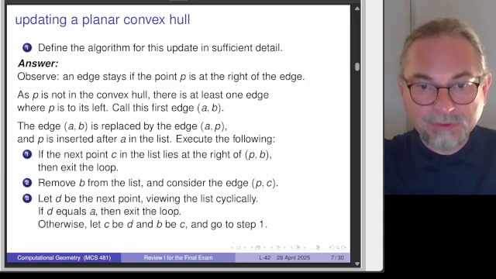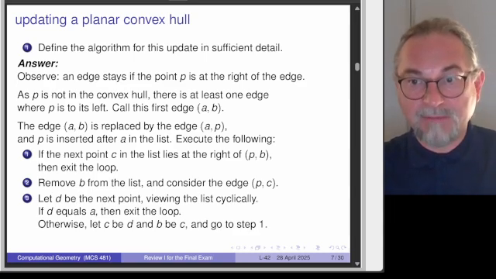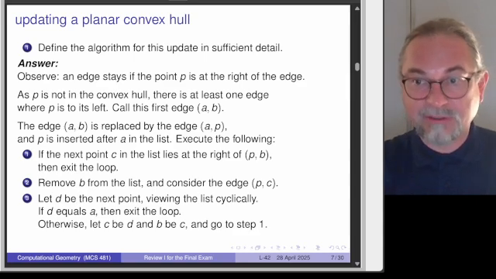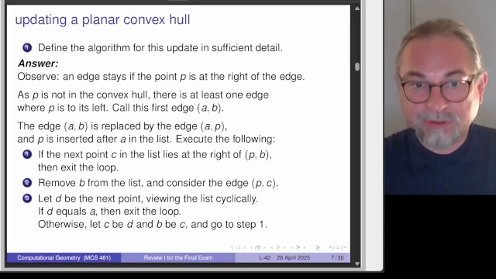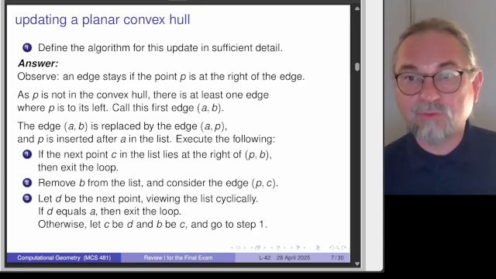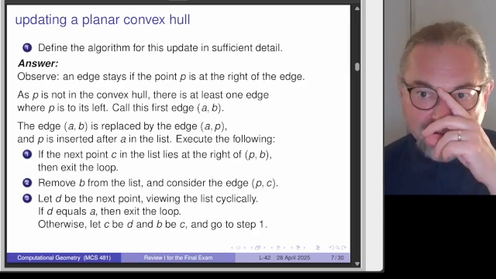So there is a loop that is done here. So it may be that the insert is just an insert as in a list. You just insert the point between A and B, but it may be that you have to remove many points, B and some of the following points.